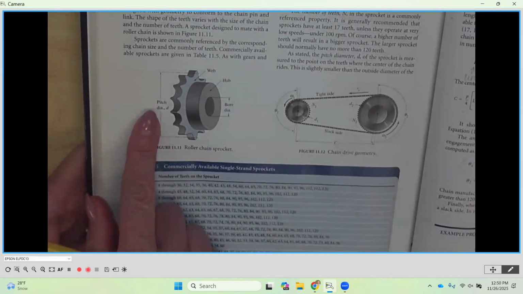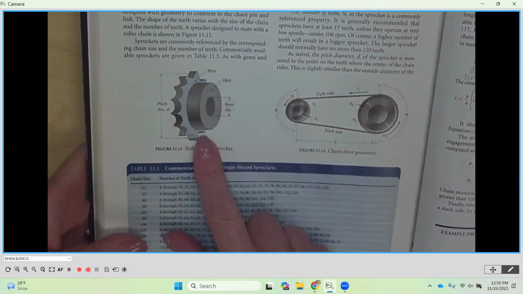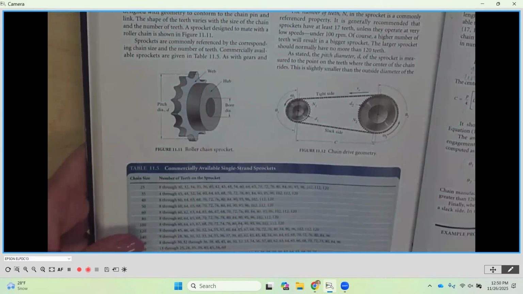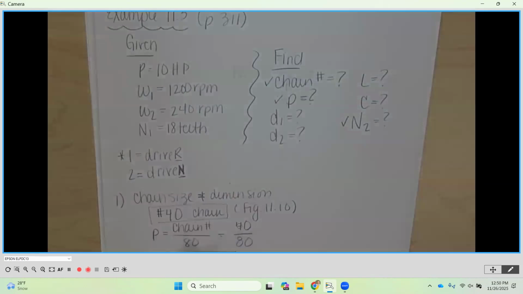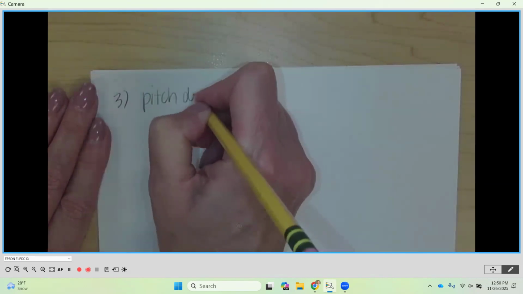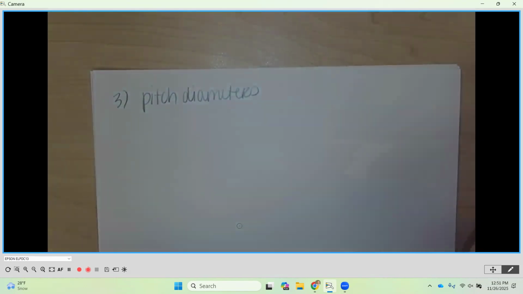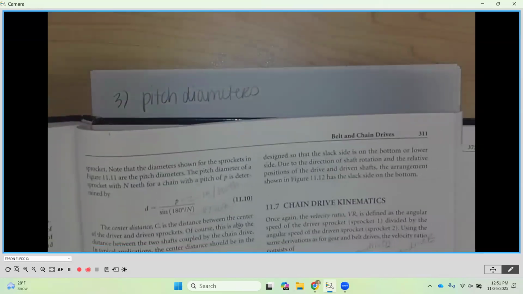So pitch diameter here is going to be the distance from one side to the other, that effective diameter. So let me go over here. Step number 3, pitch diameters. The equations for these are found on page 311 as well.